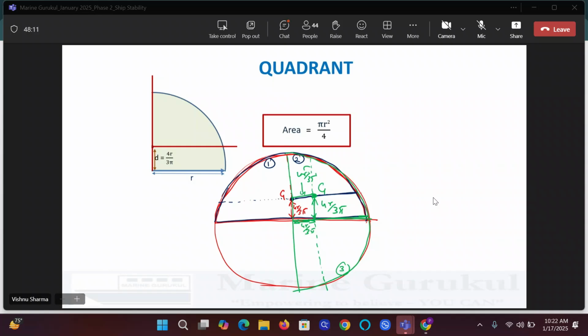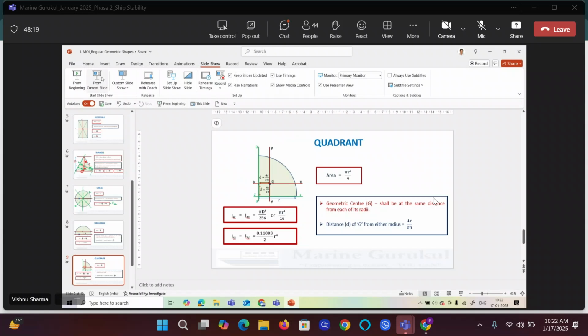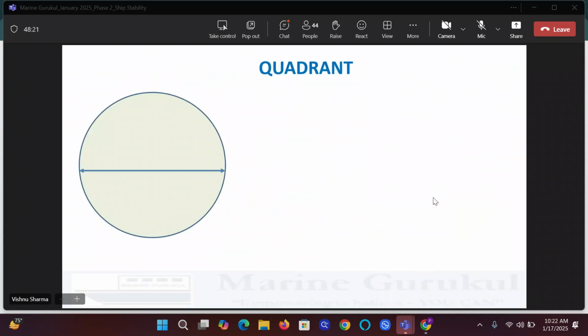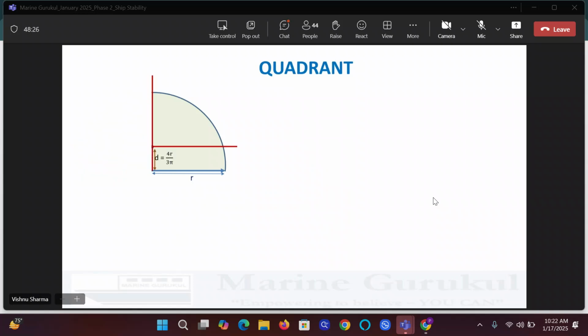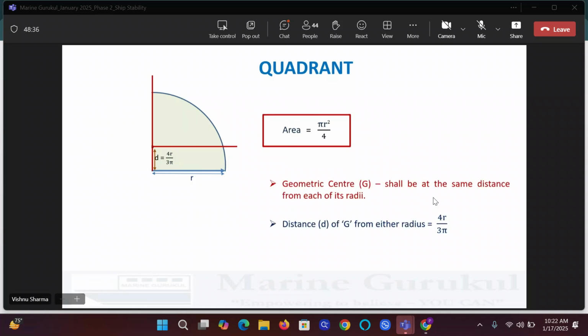Understood, class? Yes or no? Yes. Okay. Anyway, a little understanding will always help retentivity. Otherwise, we can always mug it up. That's not an issue. Now we have this semicircle. What is the area? Pi r square by 4. The distance of its GC will be 4r by 3 pi from each of its radii.